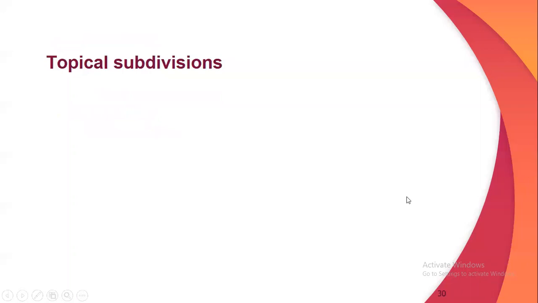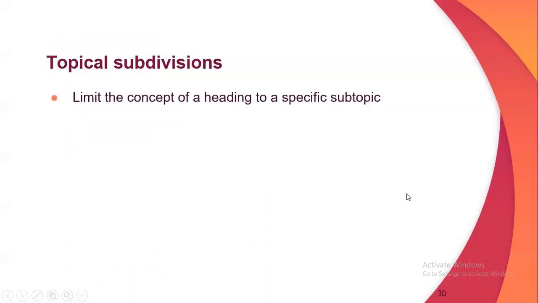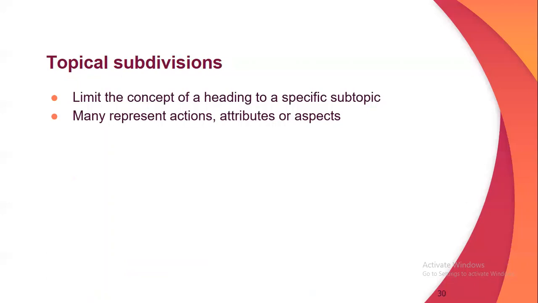For topical subdivisions, a topical subdivision is similar to a topical heading. It is used to limit the concept of a heading to a specific subtopic. Many represent actions, attributes, or aspects.